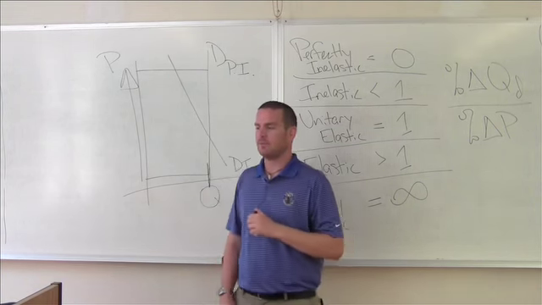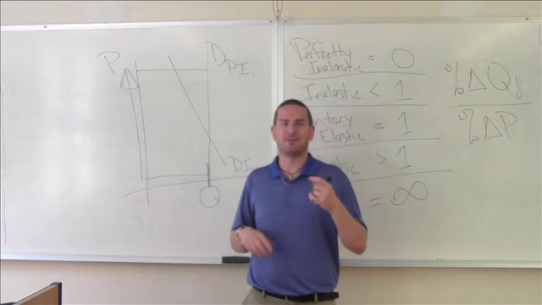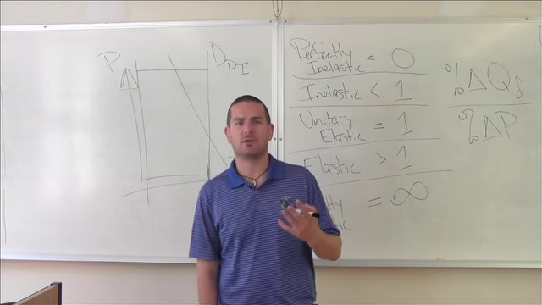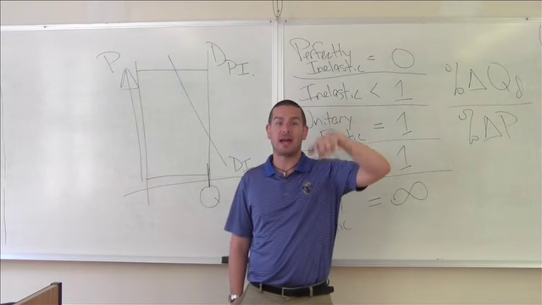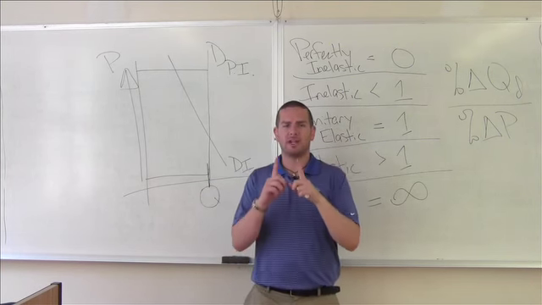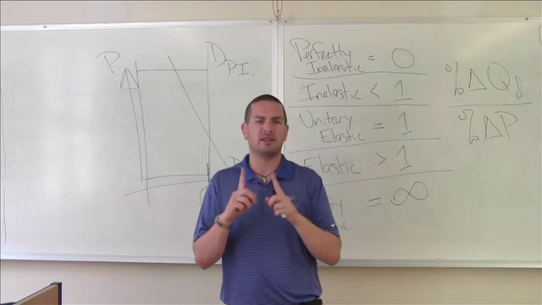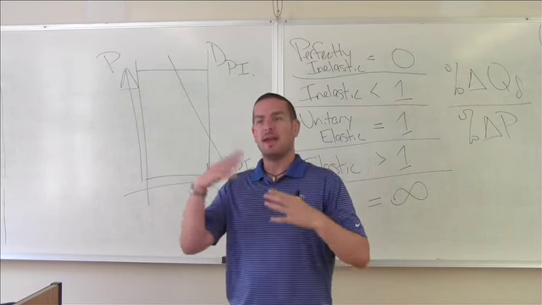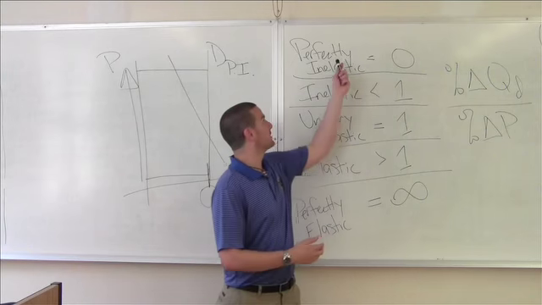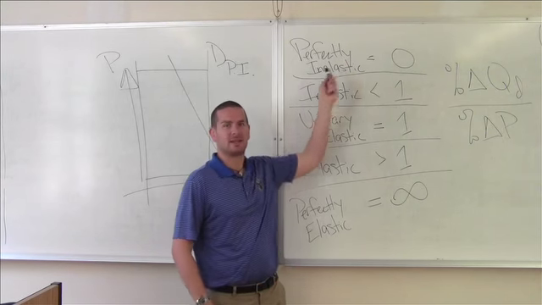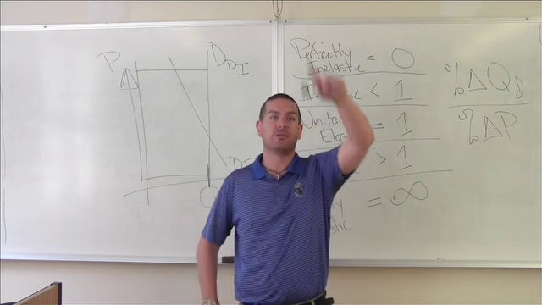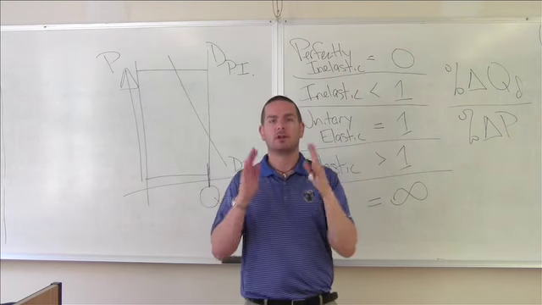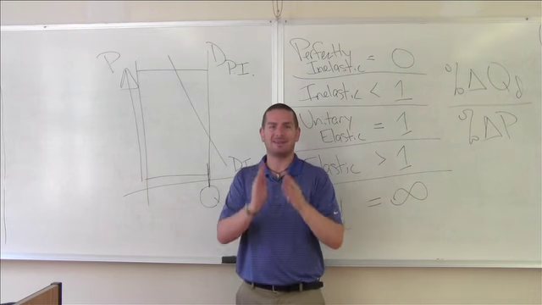It's slightly different from an inelastic demand curve. With an inelastic one, the price goes up or down a lot, but the quantity changes slightly. Now, if something is perfectly inelastic, what we're saying is that the price has gone from 0 to infinity and back again, but the quantity demanded is exactly the same.